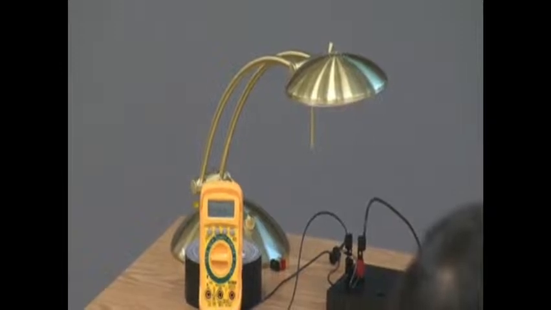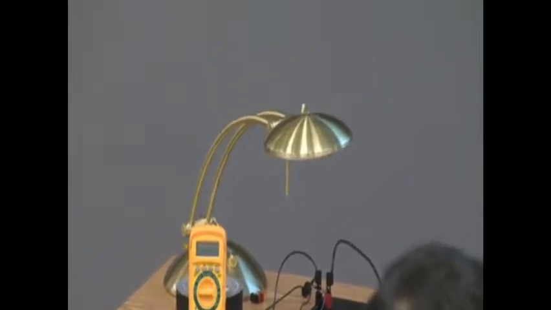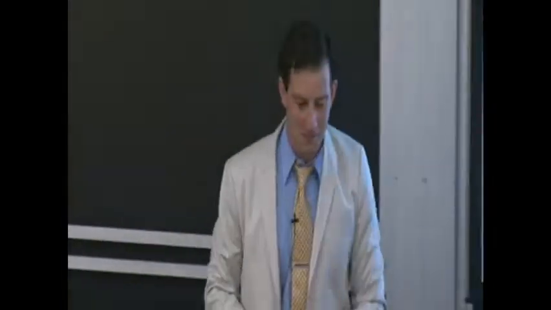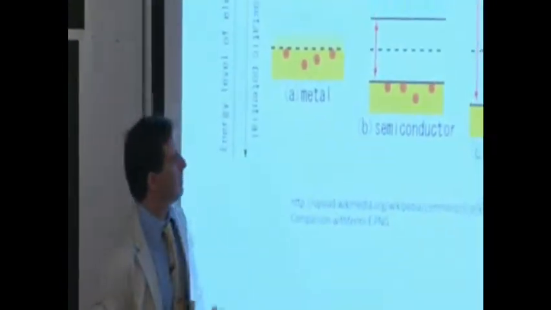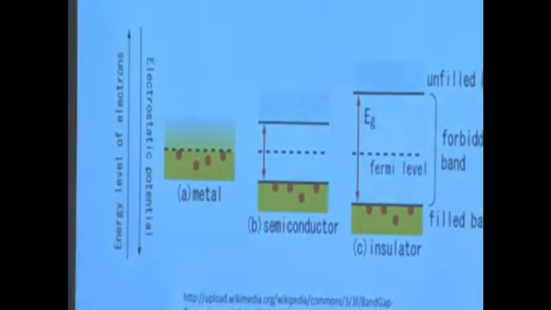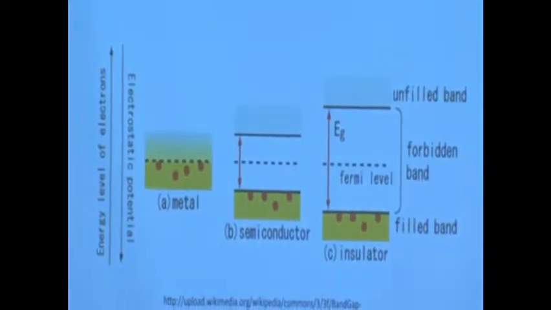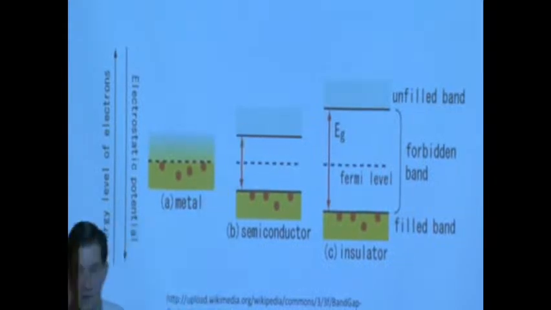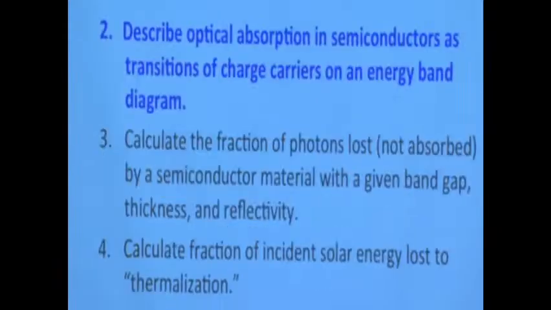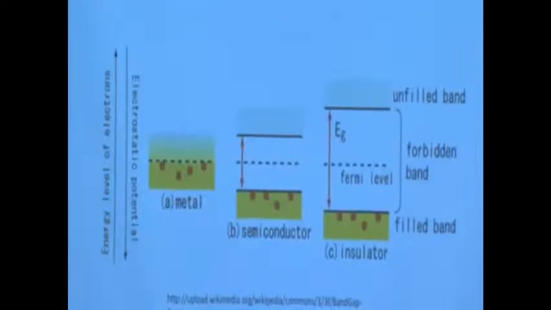Some of the very low energy photons can go through the material because those photons have insufficient energy to excite carriers across that band gap. So we have a semiconductor material defined here as having a band gap. That band gap defines the energy of the light that is most efficiently absorbed. And any photon with energy in excess of the band gap can also be absorbed by that semiconductor. Any questions so far?